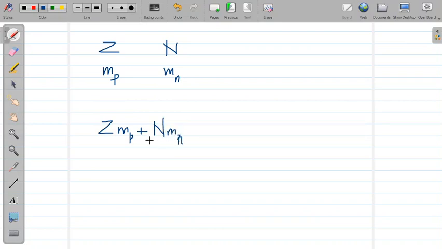This is the total mass that we expect if we combine these nucleons. But when we form the nucleus, the mass measured will be m, which is lesser than this mass. The difference between the expected mass Z mp plus N mn and the actual mass that we measure, m, is called the mass defect, delta M.